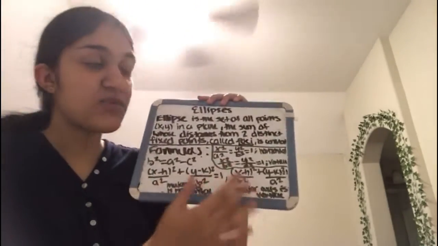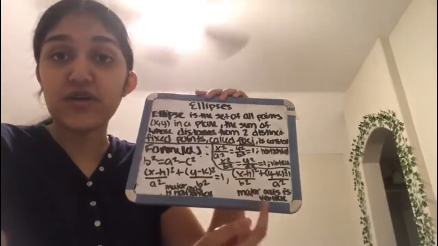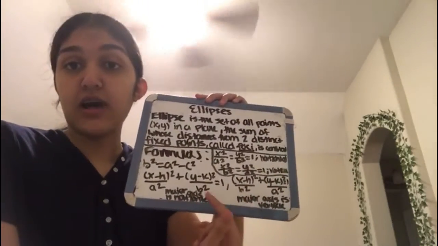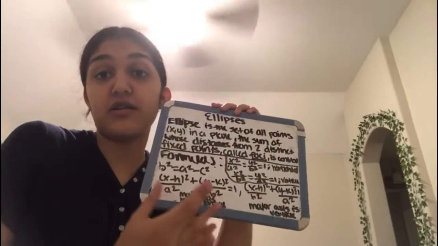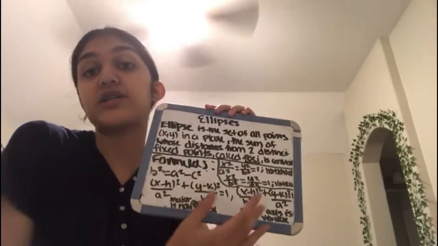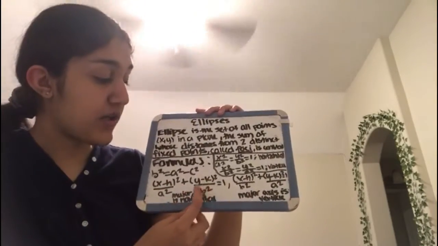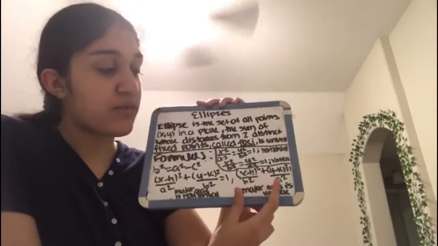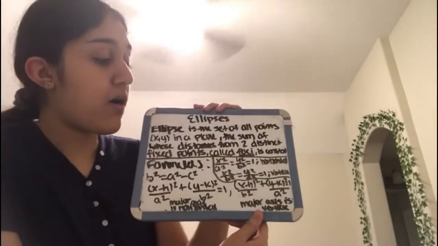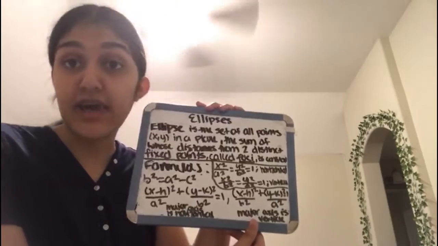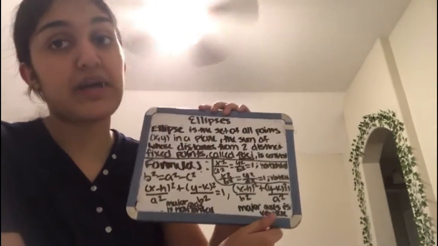The only difference between these two formulas is that the denominator is reversed, while the numerator is the same. For example, over here it's a squared over b squared, but over here it's b squared over a squared, because of the vertical and horizontal differences. This is what it looks like when the main axis is horizontal or vertical.